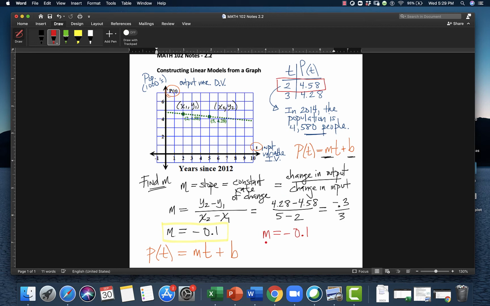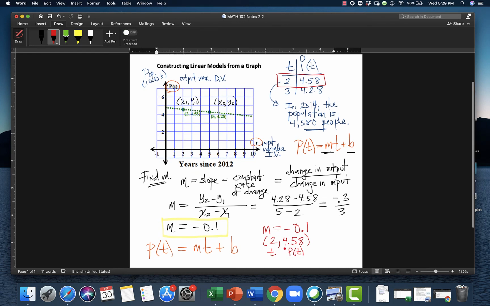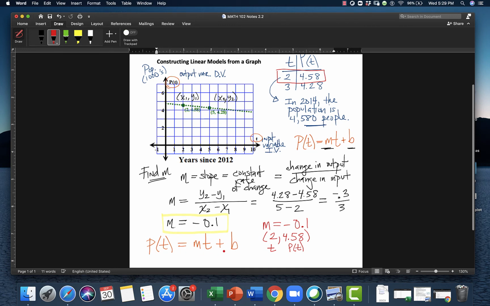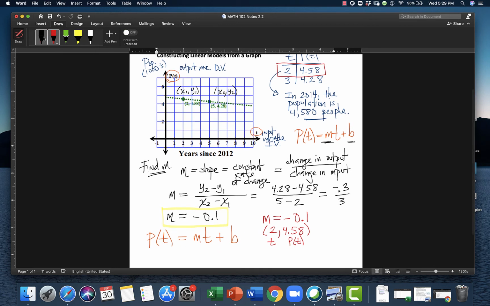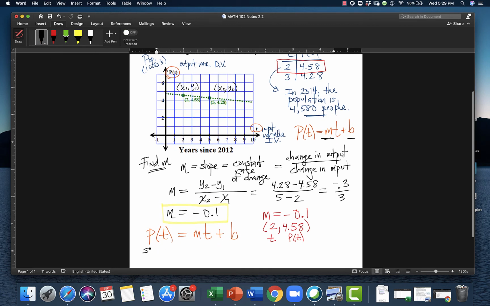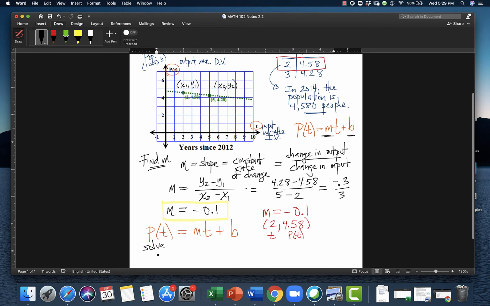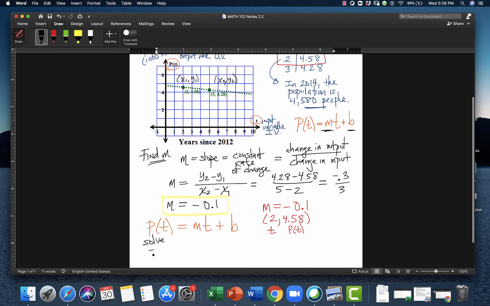Let's use this point, 2 and 4.58. We now have values as well for t and for p of t. So we're going to plug in these three numbers into the model and solve for b. The key idea is that when we say solve for b, we're algebraically solving for b using the slope-intercept equation.